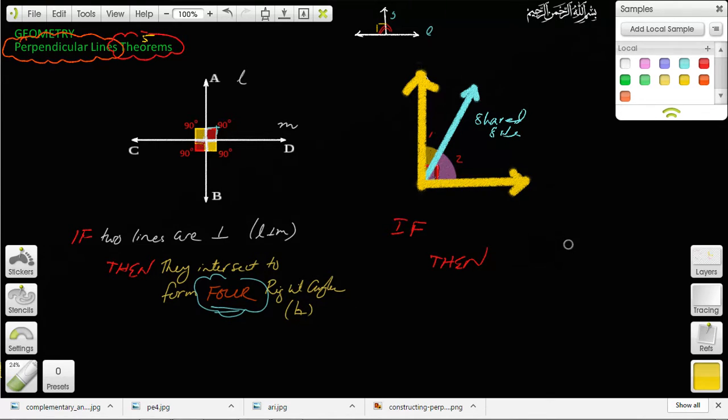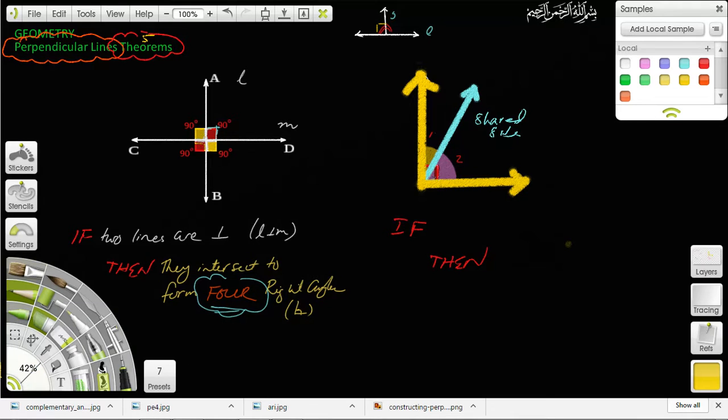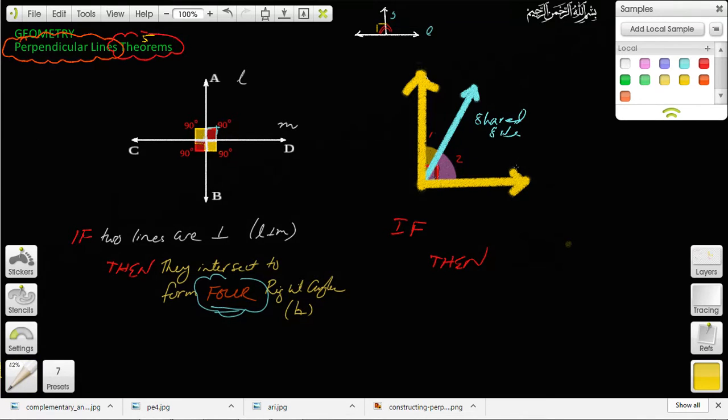So this theorem says, if 2 non-shared sides of adjacent angles are perpendicular. In other words, this theorem is about the yellow lines.